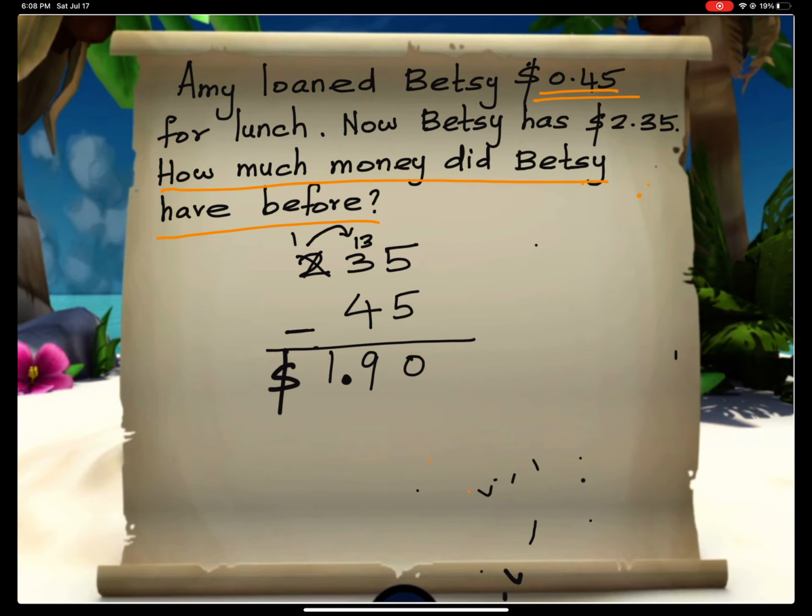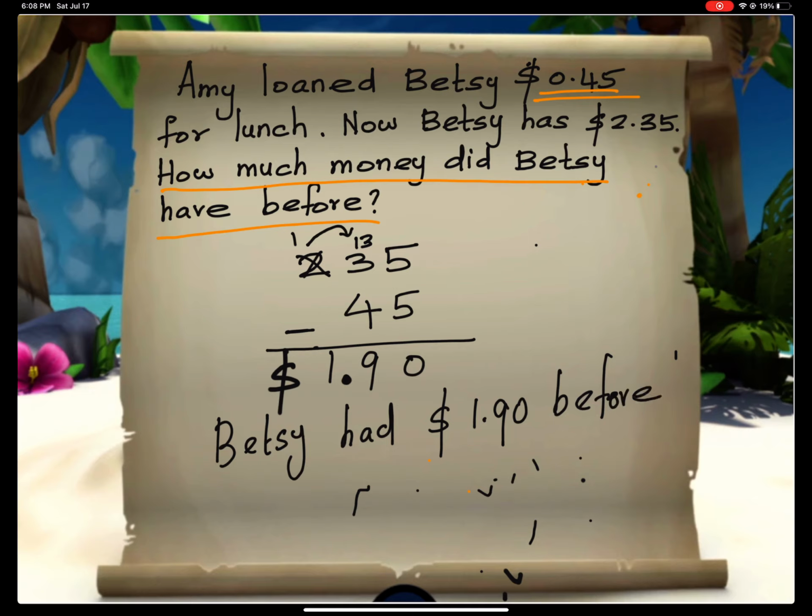We can write: Betsy had $1.90 before. So that is the statement. Don't forget to keep a period at the end of the statement.